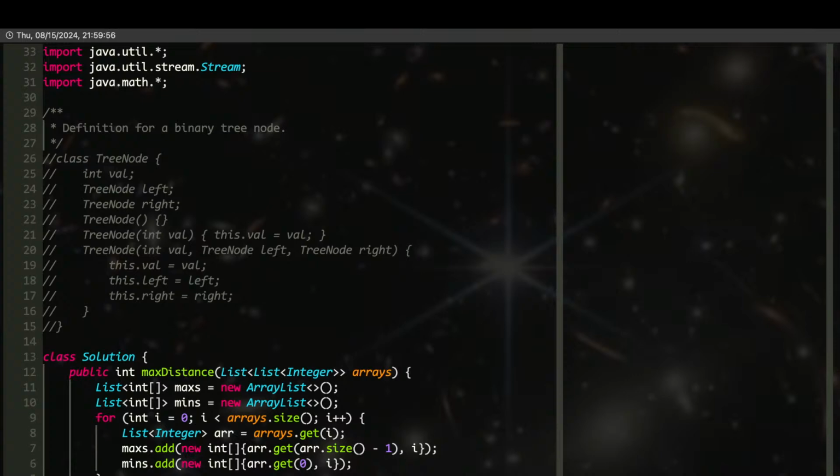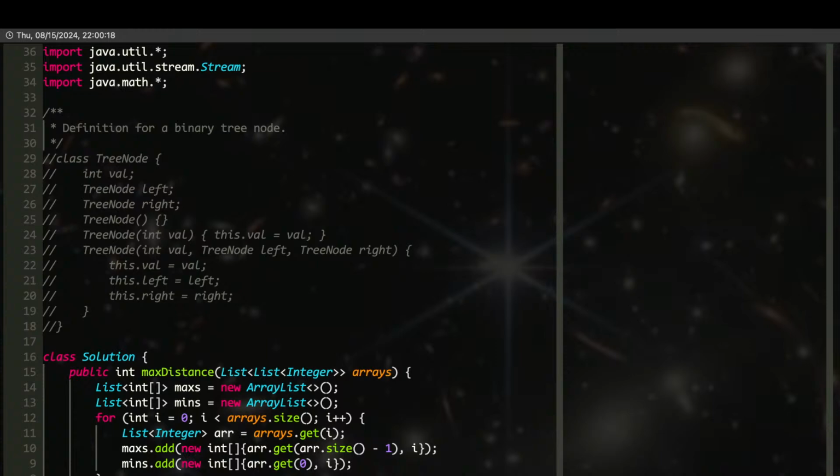Let's do it this way: i equal to 0 and while maxes.get i 1 is equal to mins.get 0 1, if they're the same, then i plus plus.